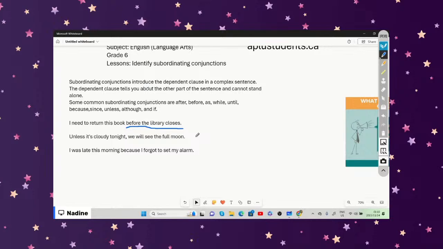And then, unless it's cloudy tonight, we will see the full moon.